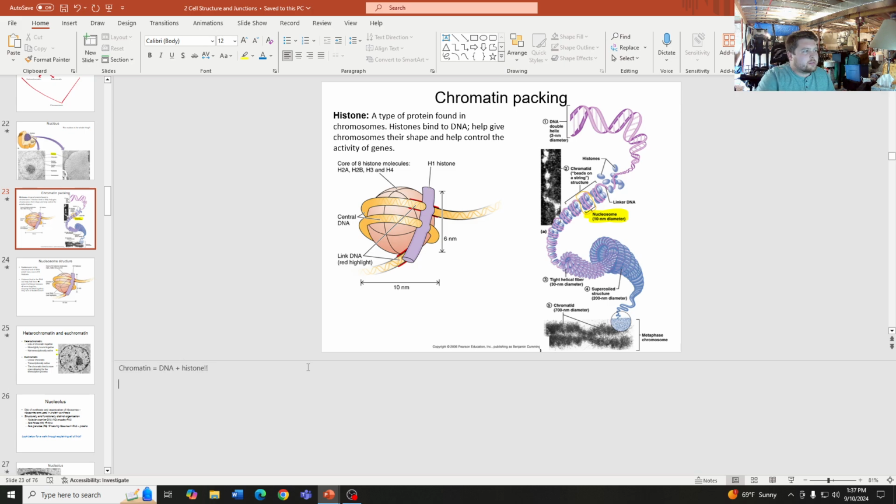So chromatin packing: you have DNA, add in histones. Specifically, we get 8 of them, which equals a nucleosome.